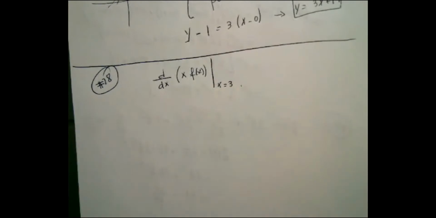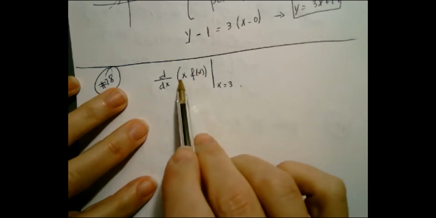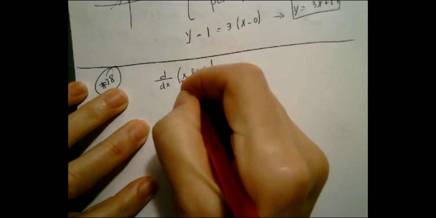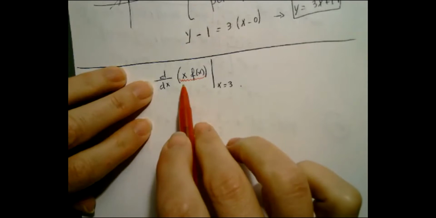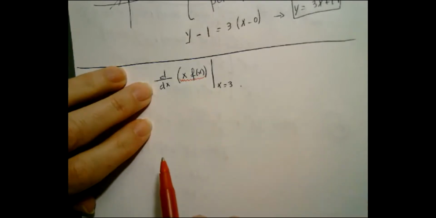Before we even look up values, I need to find the derivative. So this is my function, x times f of x, and I need to find its derivative at the specific value x equal to 3.